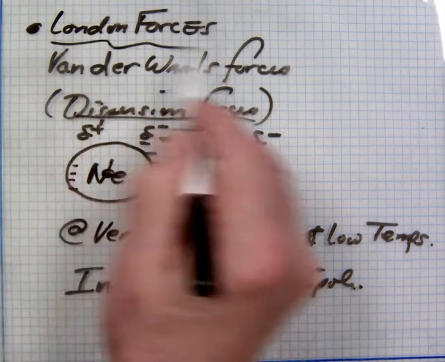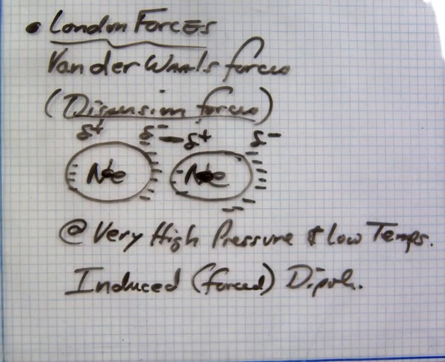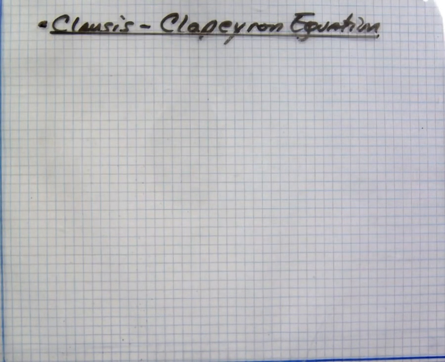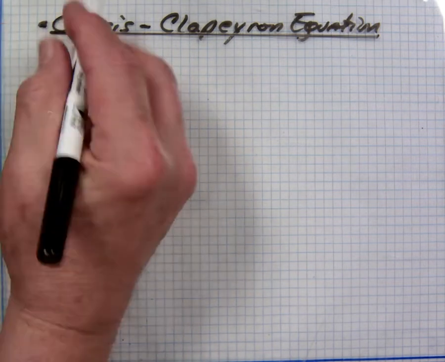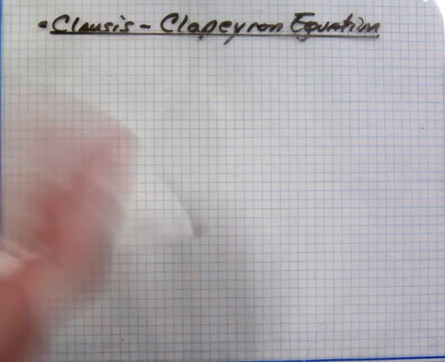Okay, so that almost gets us through this chapter. We just want one more topic to talk about. Kind of a weird name, but we take what we get: Clausius, C-L-A-U-S-I-U-S, Clapeyron equation.